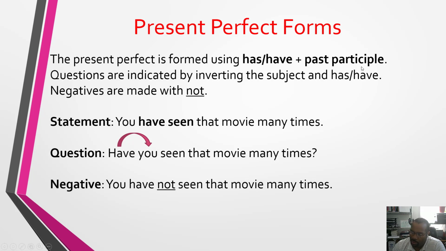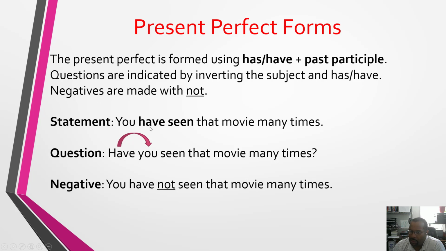Now remember, the past participle of the verb, all right? We're gonna go over that in a little while, but just remember that it's has or have plus the past participle of the verb. Questions are indicated by inverting the subject and has, have. All right? We've seen this before. Negatives are made with not.